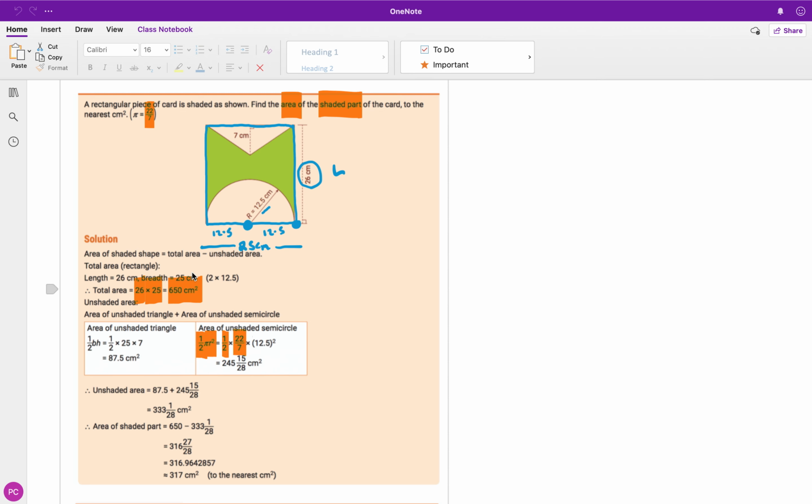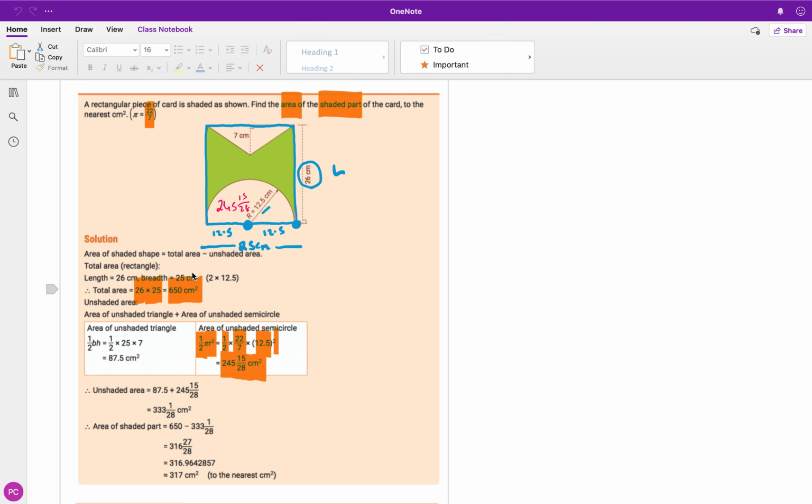Sub it into your calculator, and that works out as 245 and a bit centimeters squared. So we've now worked out that the area of this one here is 245 and 15 over 28 centimeters squared. So we have the area of that bit.